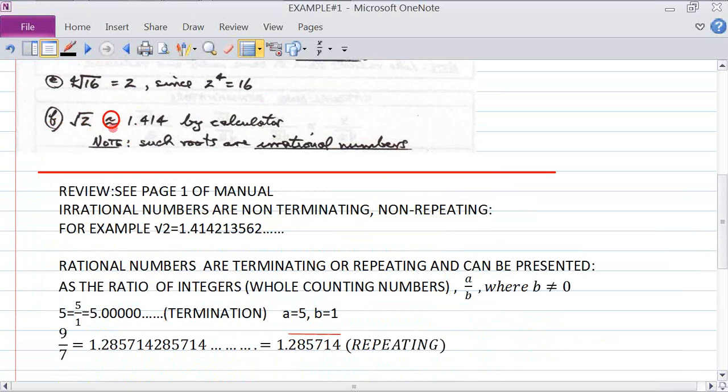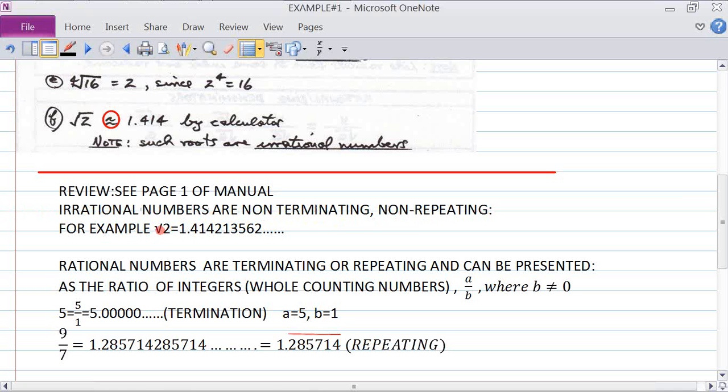Now, here's a little piece of information that we'll review in part F. Square root of 2 approximately equals 1.414. If you put it in the calculator, you will get this. Of course, you may get other digits. We call this number an irrational number. We discussed irrational numbers on page 1, but we're going to go over it right now. These are numbers that are non-terminating, non-repeating.